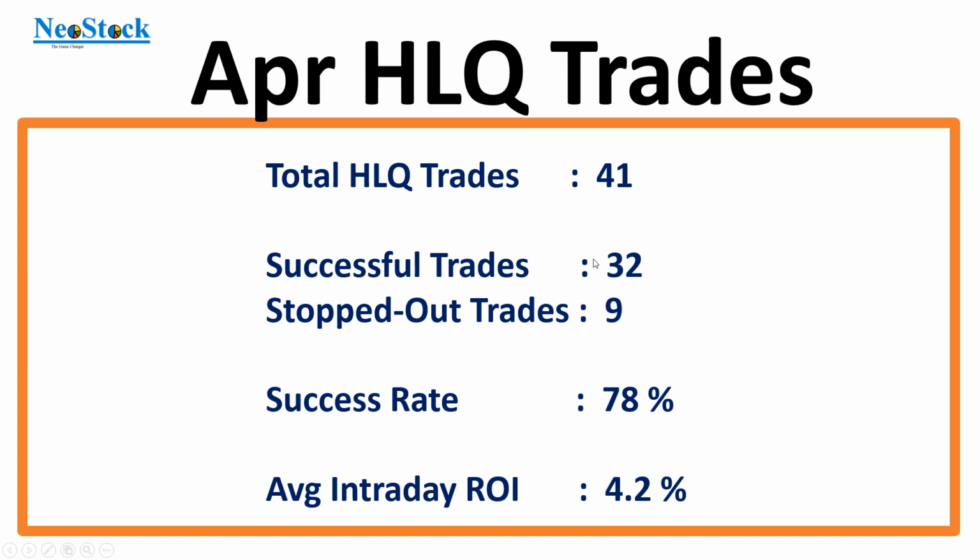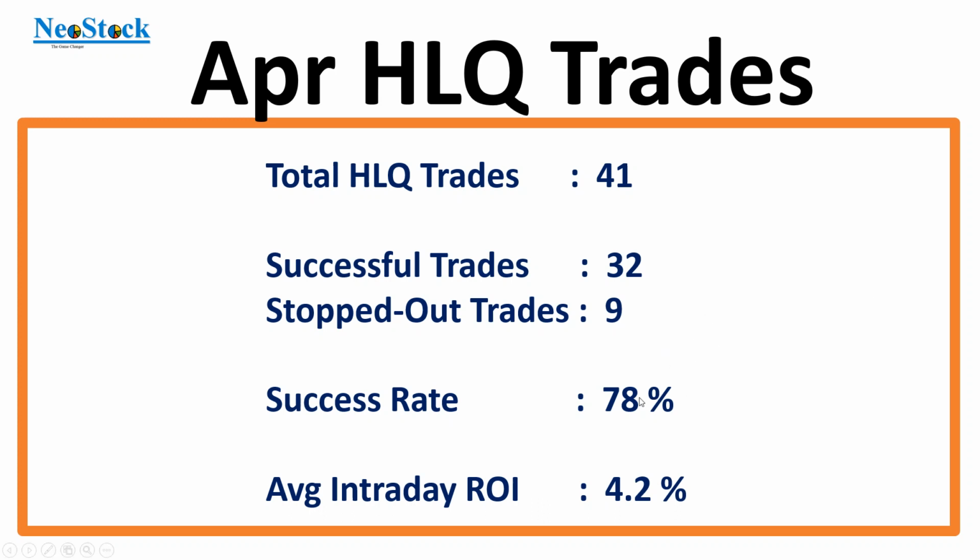Out of 41, 32 are successful and stopped out trades are 9. A very interesting point is the success rate is slightly below the minimum expected success rate, because I am expecting a minimum 80% success rate.